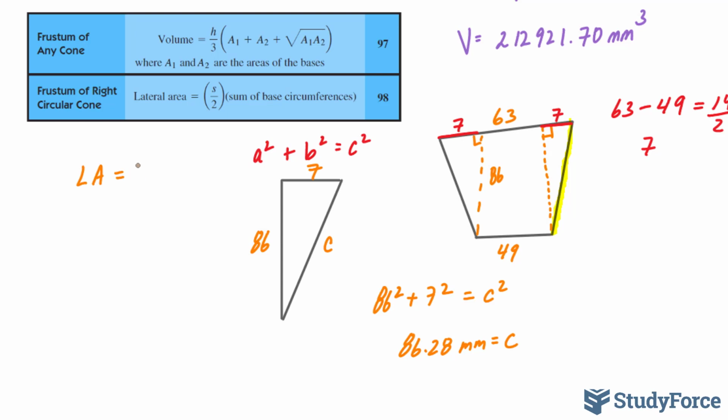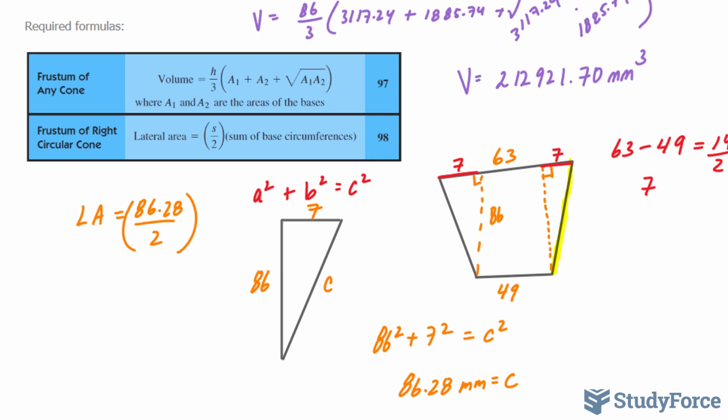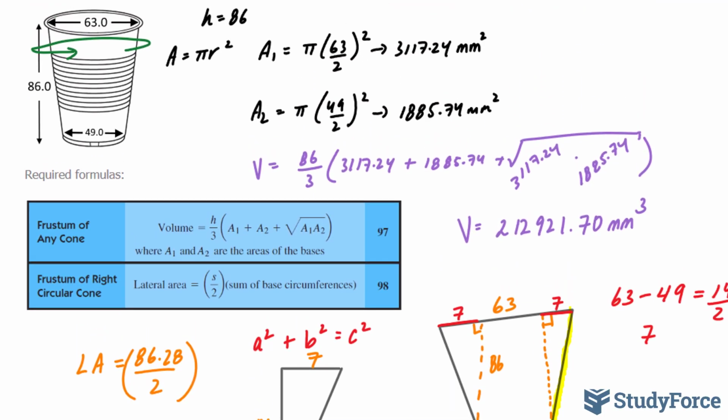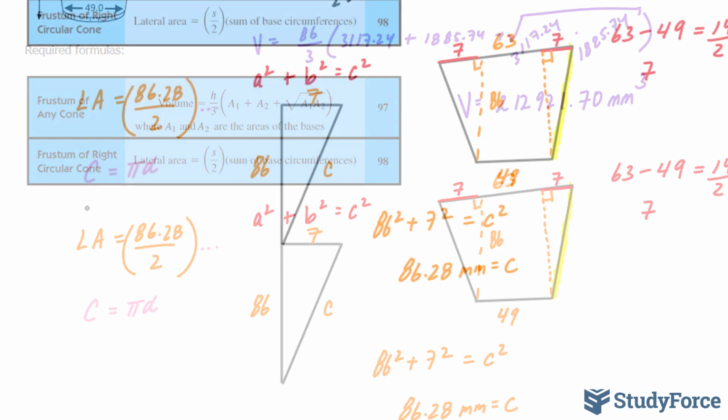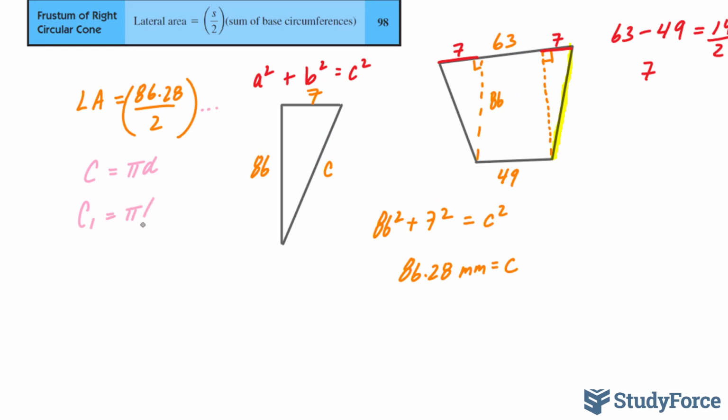Now we can finally use this formula for the lateral area, where we have LA, which represents lateral area, equal to 86.28 divided by 2 times the sum of the base circumferences. This means, going back to our diagram here, we need to find the circumference of this and the circumference of this. And the formula for circumference, C is equal to pi d. C1 is equal to pi times 63. And C2 is equal to pi times 49.